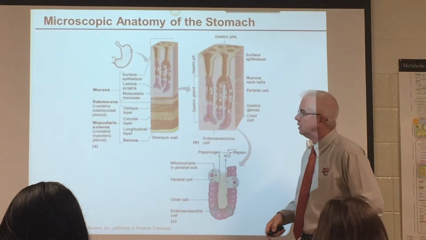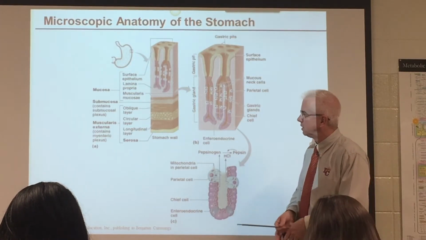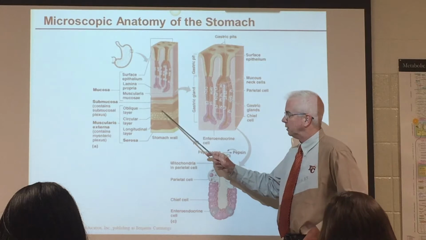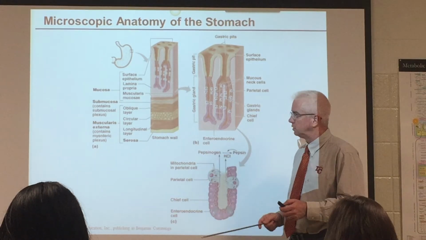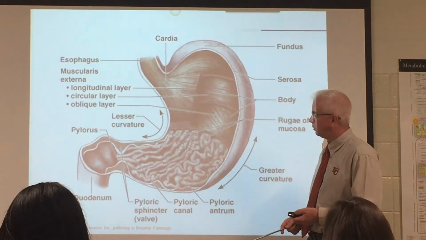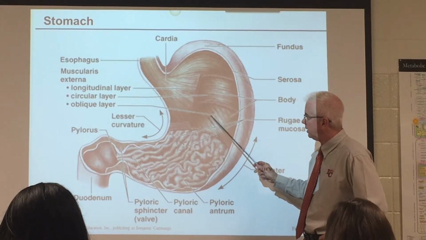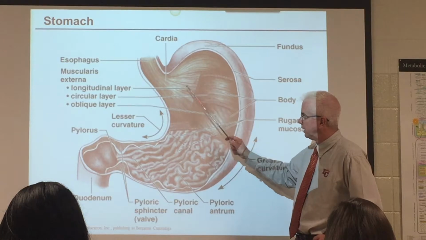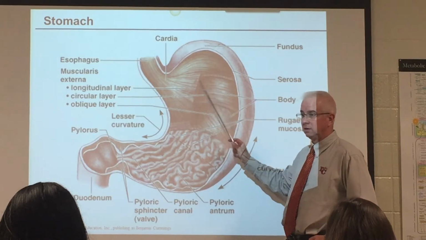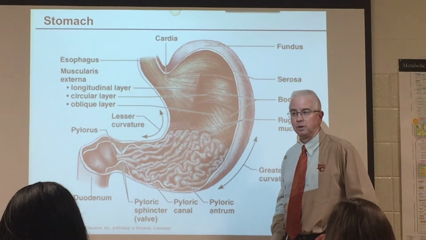Now in the stomach, you will remember in the stomach that there's an extra layer of smooth muscle. The oblique is the most internal, and this is the picture I used in the fall right here. You can see the oblique smooth muscle layer on the inside. The next one is circular, and then the next one is longitudinal. What's missing on this picture is the plexus of Auerbach.